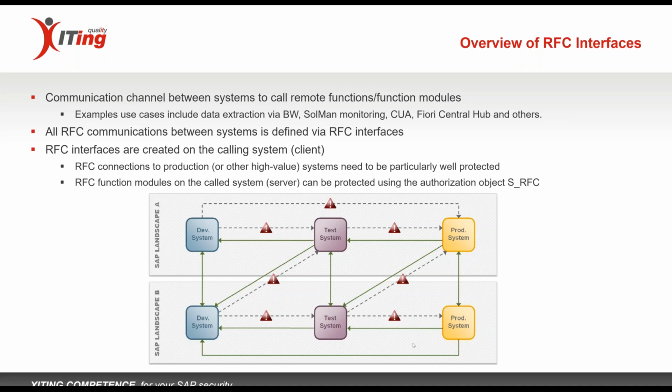What you also need to have in mind in the beginning is what are my systems which need to be secured. Normally you have your production systems with productive data, with all the productive processes, and these are the systems you want to secure.